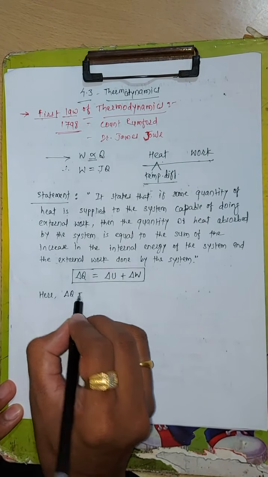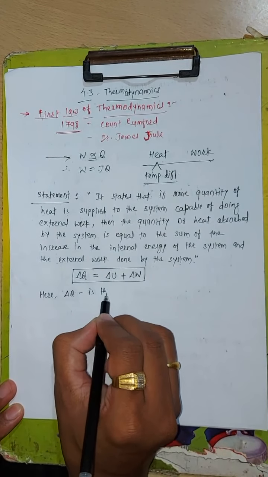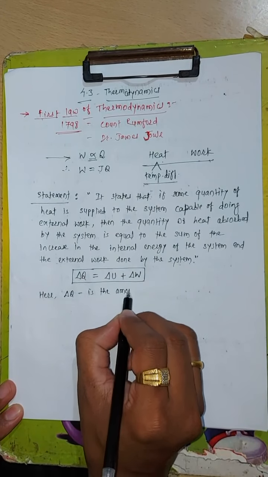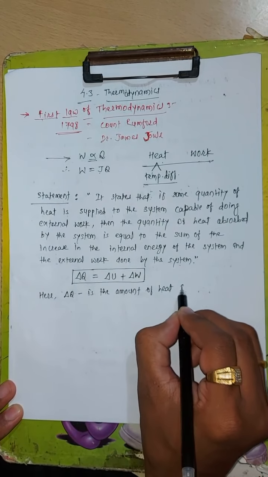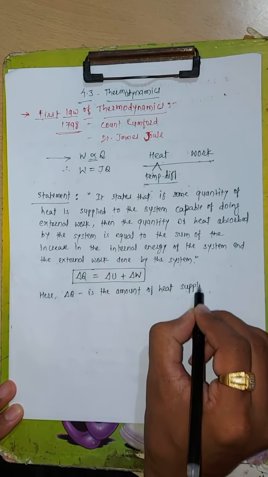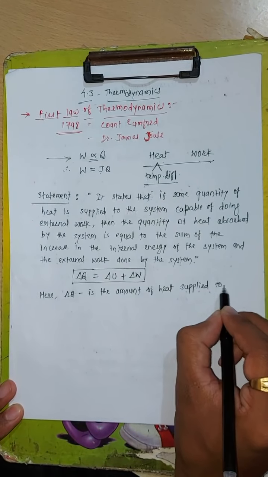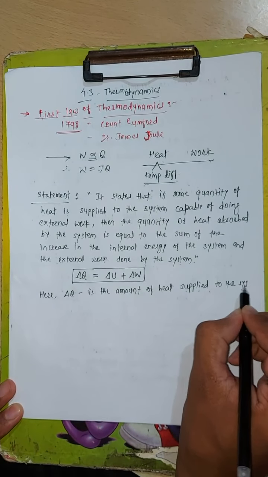Here delta Q is the amount of heat supplied to the system.